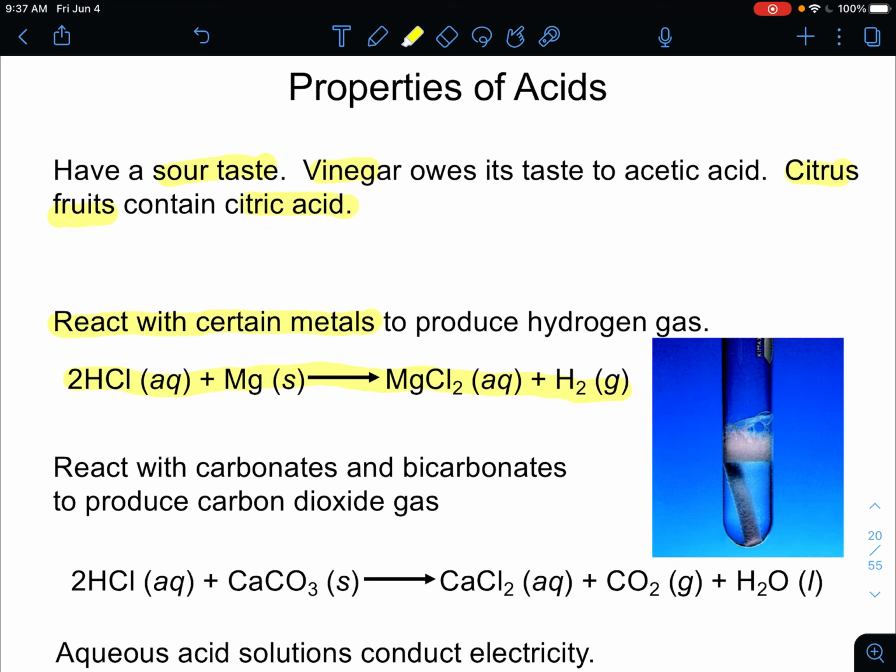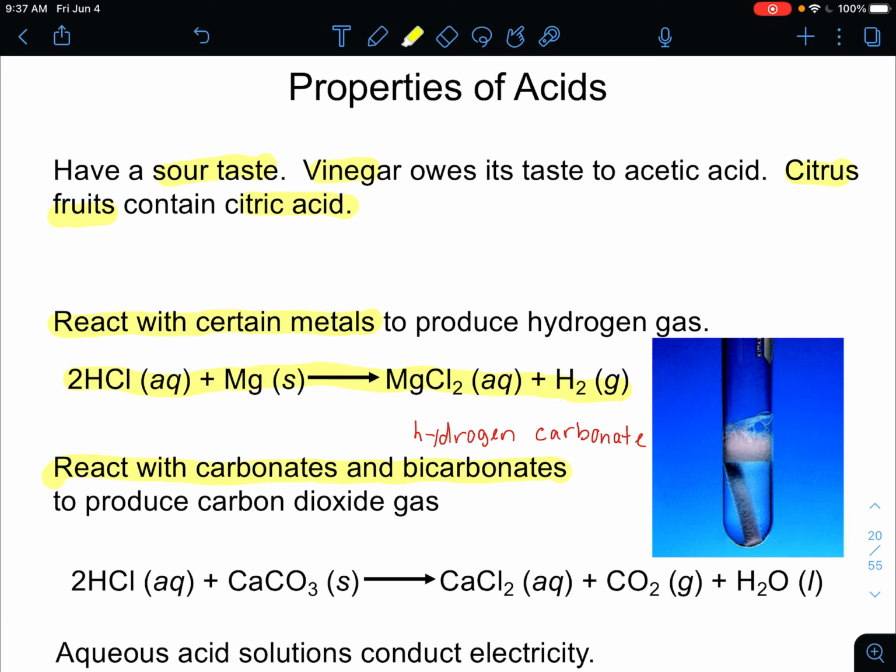We also know that acids react with carbonates and bicarbonates. Bicarbonate, I don't really use that term. We talked about hydrogen carbonates, but the common name is bicarbonate, right? If we're looking at baking soda, the chemical name would be sodium hydrogen carbonate, but a lot of people would just call it sodium bicarbonate.